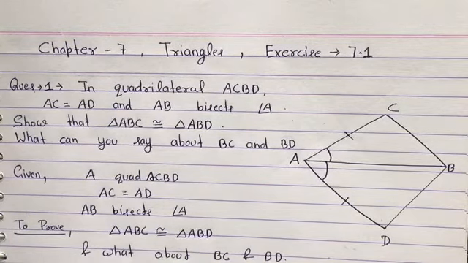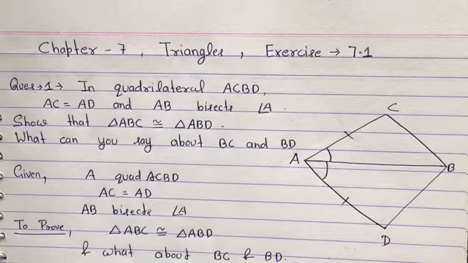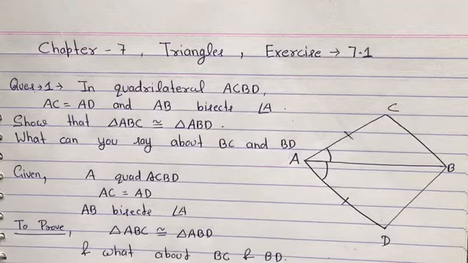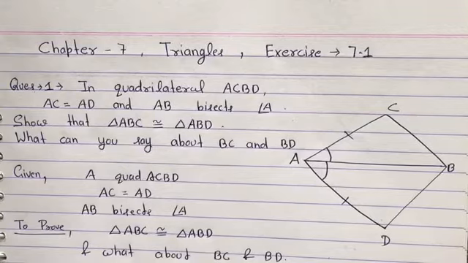First is SAS congruency, meaning side angle side. This congruency we adopt as an axiom, meaning we adopt it as true for two triangles.